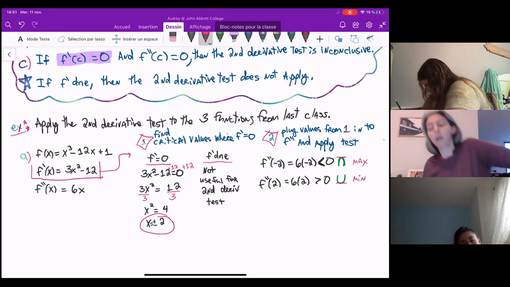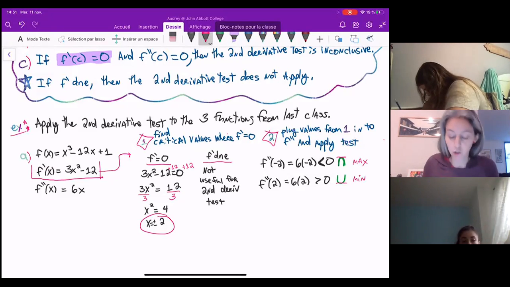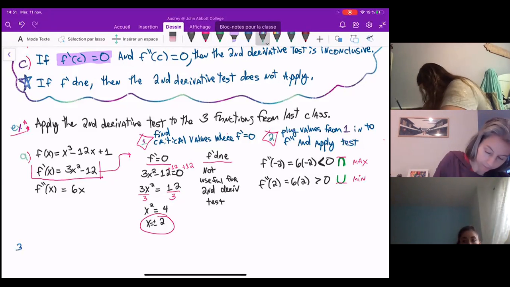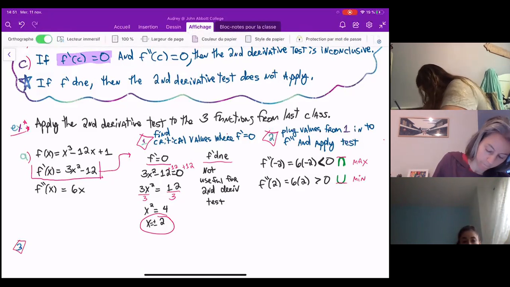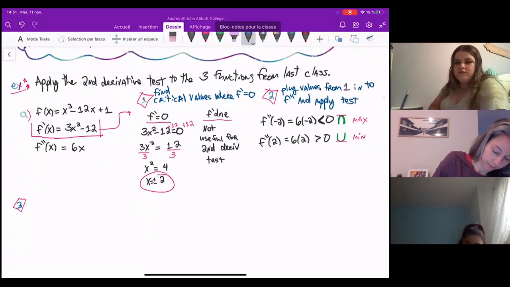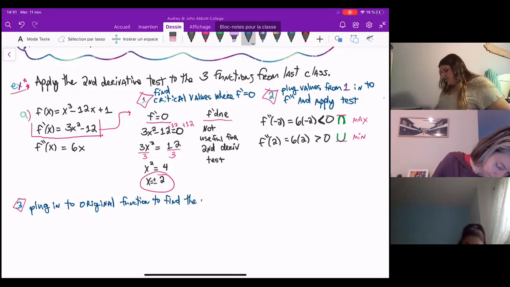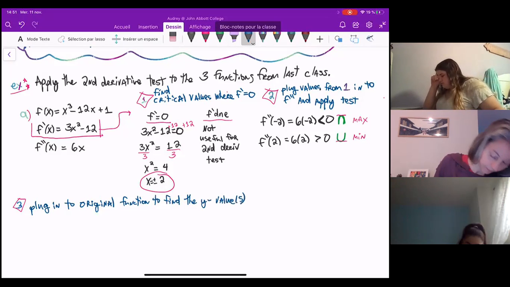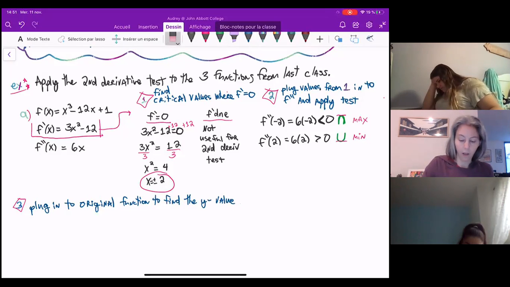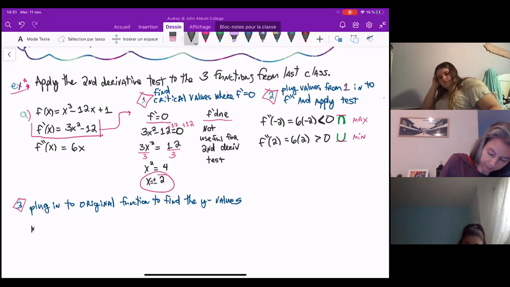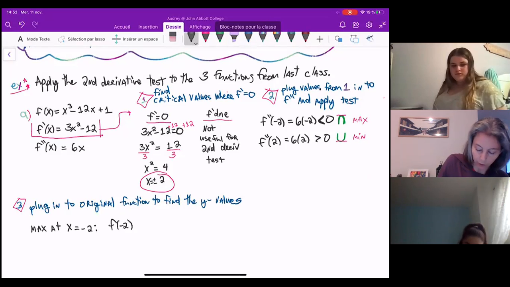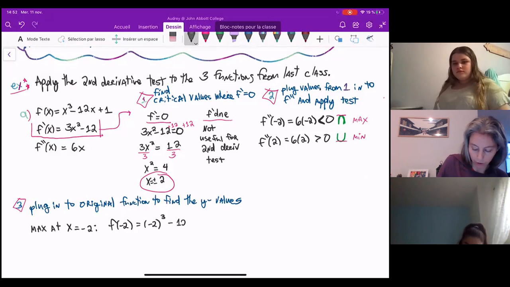So then our third step here is going to be to plug in to the original function to find the y values. So we have a max at x is equal to negative 2. So I'm looking at f of negative 2, and I plug it into the original function.